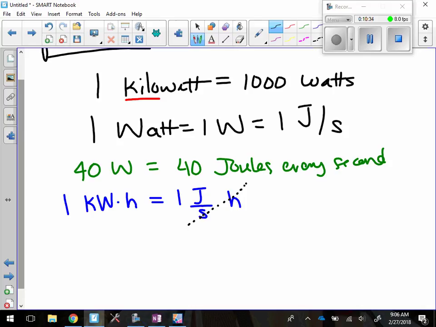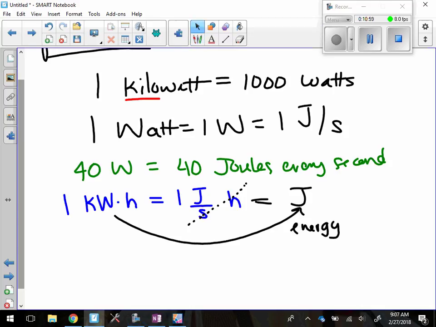I'm not going to do the math because I don't really care. I think when you all grow up and become engineers, you'll find that they still use stupid units. But anyway, what my goal really here is to show you is that a kilowatt hour is a unit of energy. So even though it has that time in there, a kilowatt hour is energy.